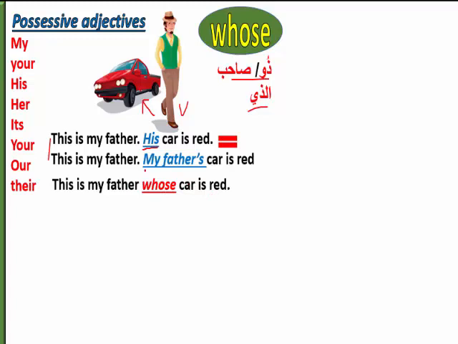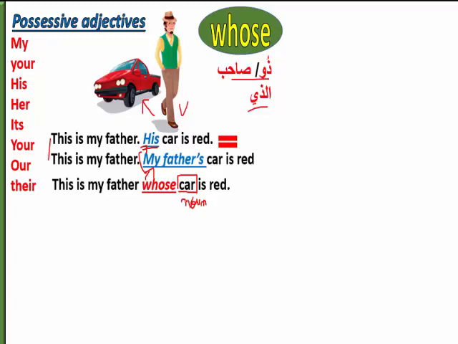So whose replaces the possessive case or the possessive adjective here all the time. And remember, all the time after whose we should have a noun. A noun, okay? Because for who we should have a verb, but whose we must have a noun.